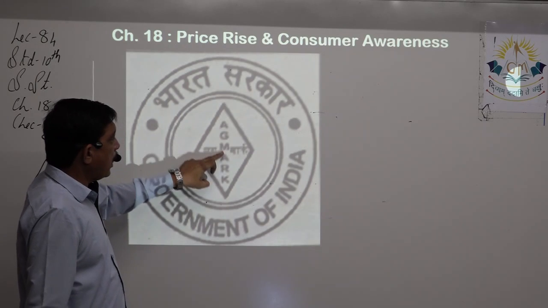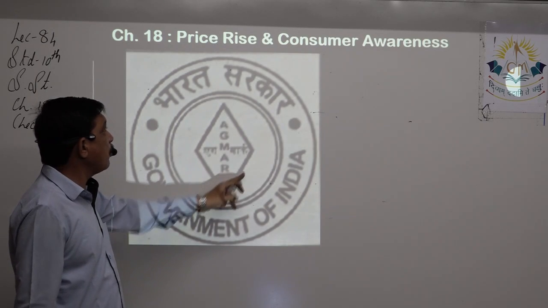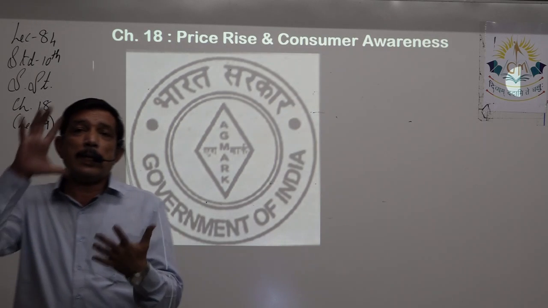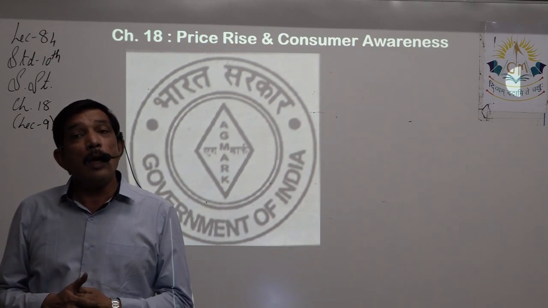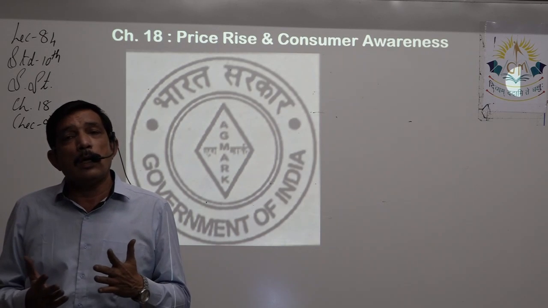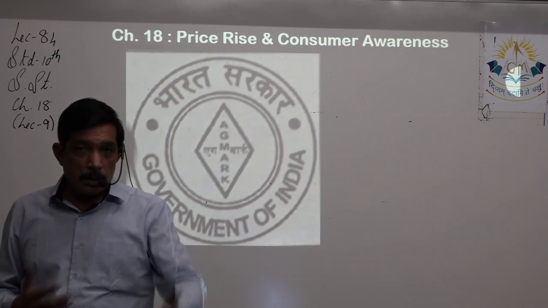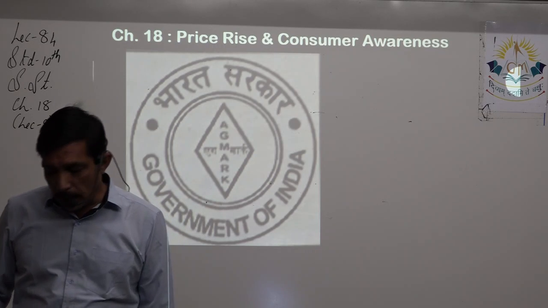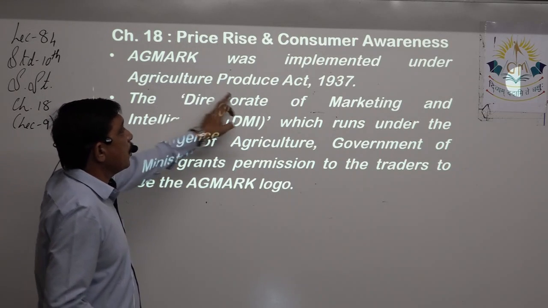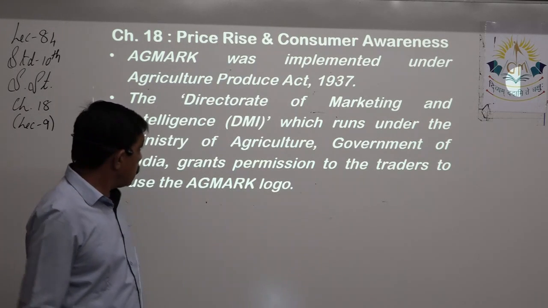You can see over here Agmark, in Hindi also written Agmark, Bharat Sarkar, Government of India. This is the logo that they can print on the agricultural products so that the person is satisfied that this is at par with the standards set by the government. Agmark was implemented under the Agricultural Produce Act, that is 1937.